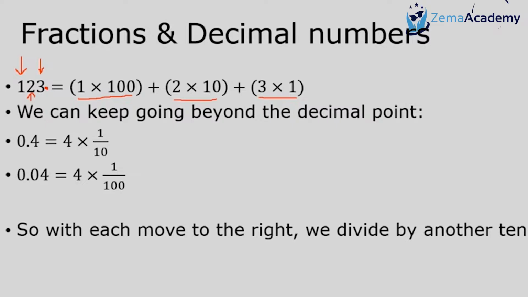So for example, here I have 0.4, and I can write that as 4 times 1 over 10. Obviously, if I were then to continue that, I could write that as a fraction, which would be 4 over 10.